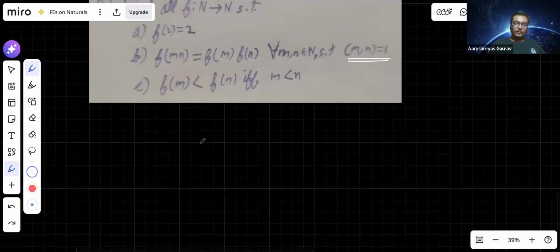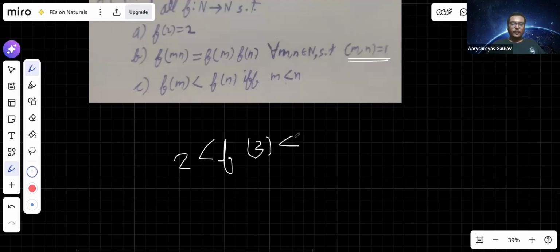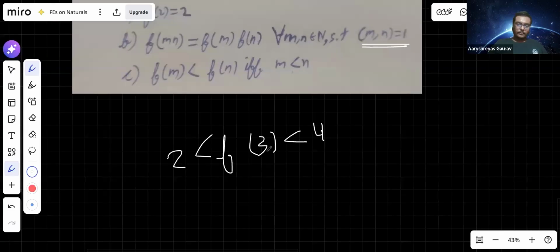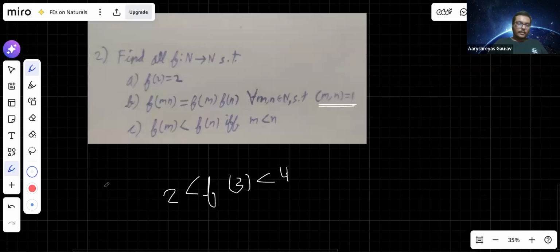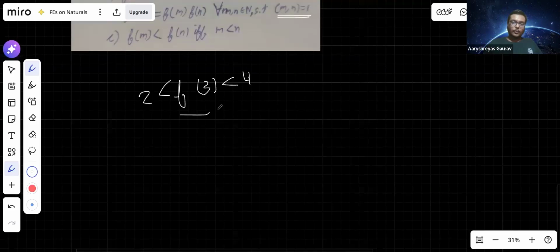So for f of 3, we do know that f of 3 is greater than 2. So all we need to prove is f of 3 is less than 4. Right. So, well, the brute forces are not much motivating, but it can become the only option to proceed. So we need to prove f of 3 is less than 4.